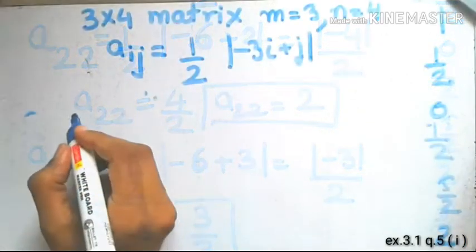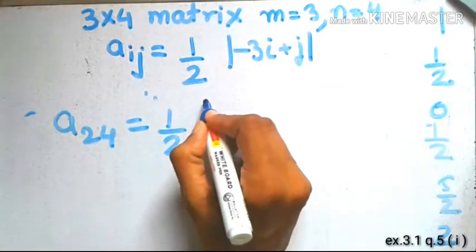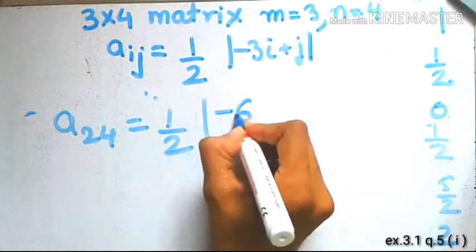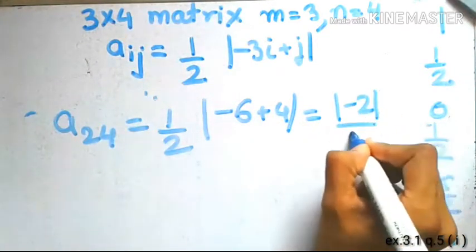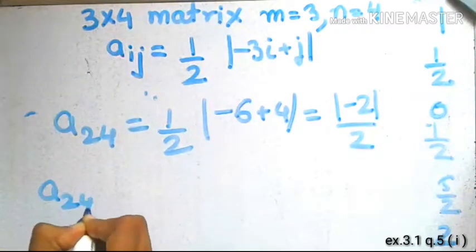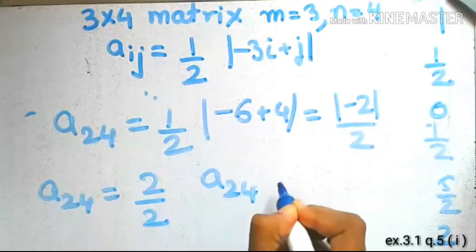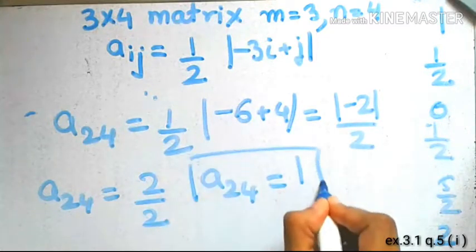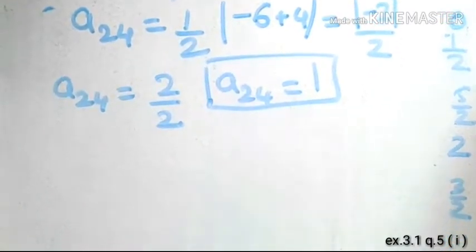Just write that down. A24, let's see what is its value. It's going to be half into minus 3 into 6, minus 6 plus 4, which is nothing but mod of minus 2 by 2. So I will get mod of minus 2 as 2. So A24 is nothing but 1. Now next element is going to be A31.